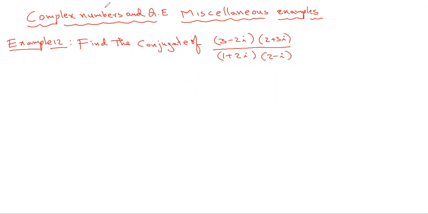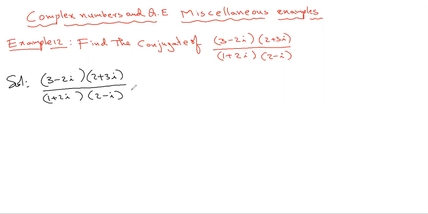So first, if you simplify this, 3 minus 2i into 2 plus 3i by 1 plus 2i into 2 minus i. We need to multiply with the conjugate of the denominator to convert this into a plus ib form.